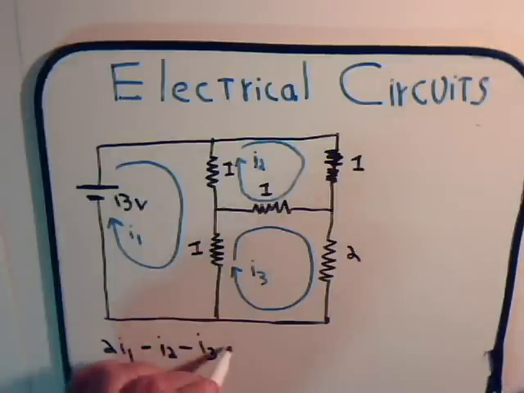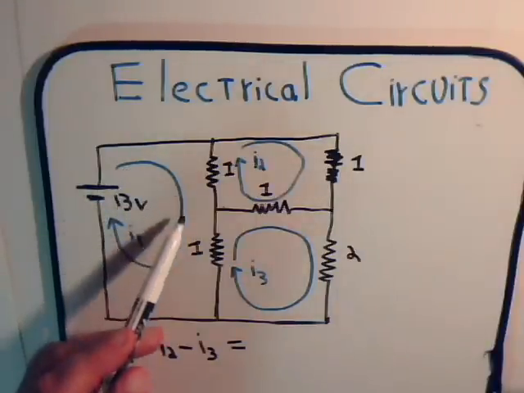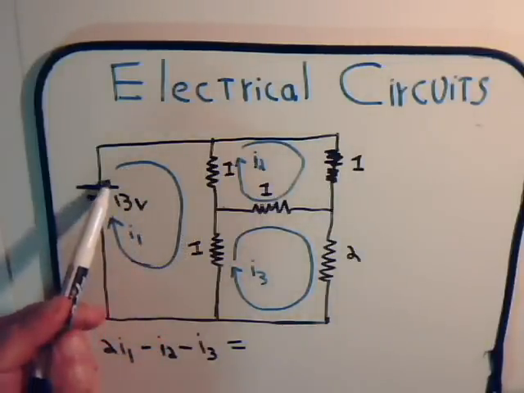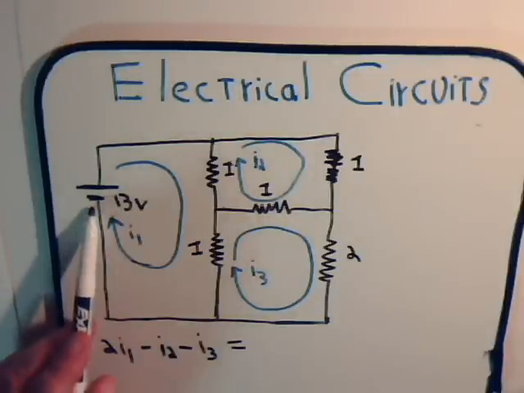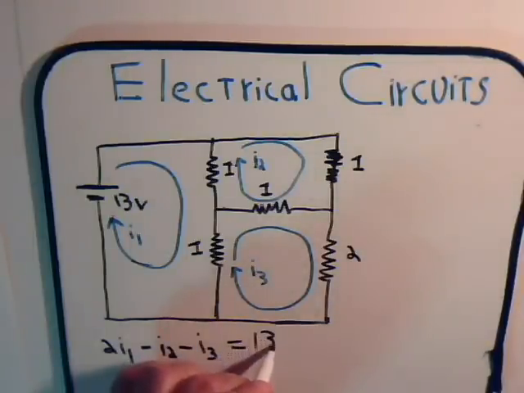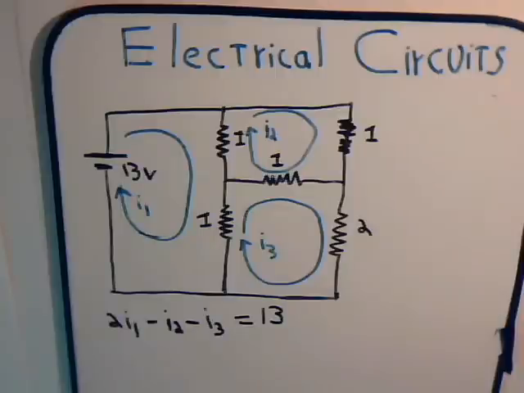And that will be equal to what voltage source is in this loop. And here the current, we're drawing it as going through the battery from a lower potential to a higher potential. So that's a plus voltage, so we put it on this side as plus 13 volts. So that right there is our first mesh current equation.